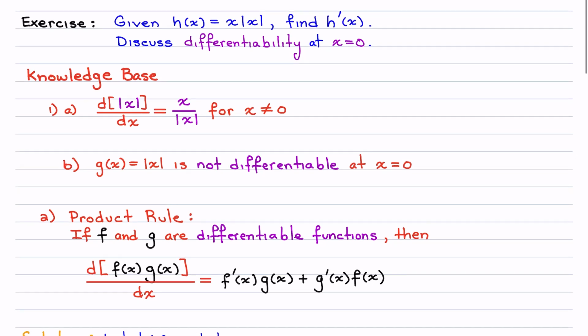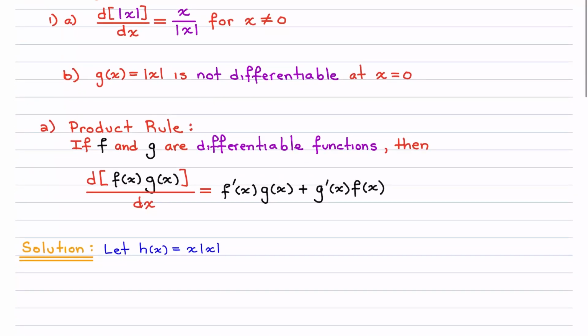So really, what does the product rule say? Well, it says basically if both f and g are differentiable at x, then you can compute the derivative thusly: the derivative of the first times the second plus the derivative of the second times the first. That's typically how we say it.